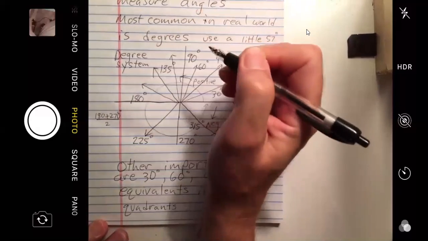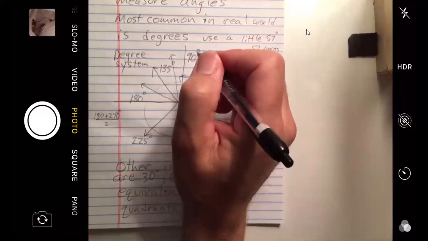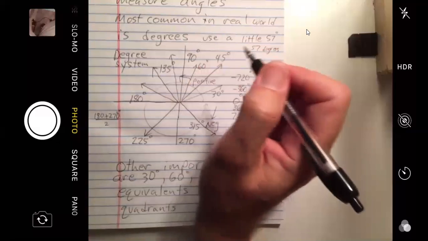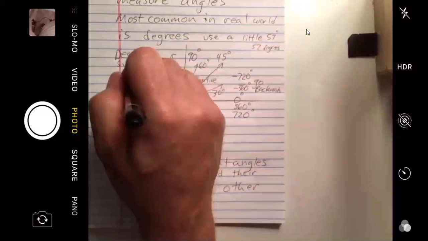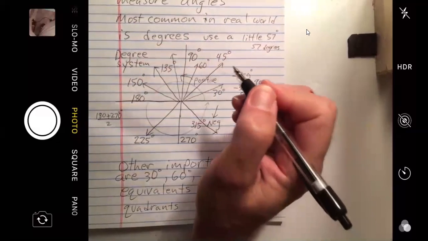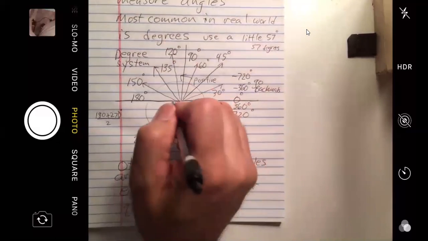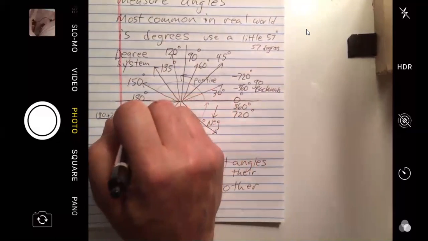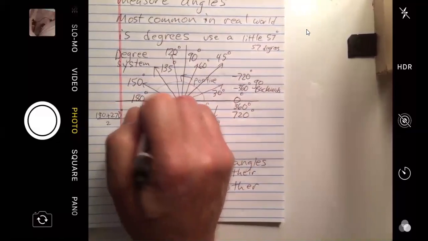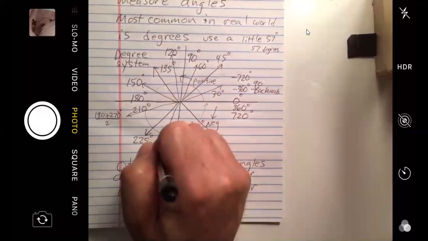Up here, this is 150 degrees, and this is 120 degrees, and then 30 from here, you're at 210. 30 from here, you're at 240.